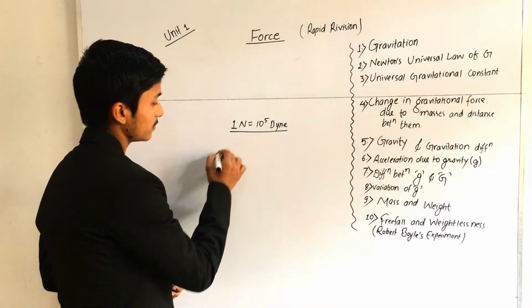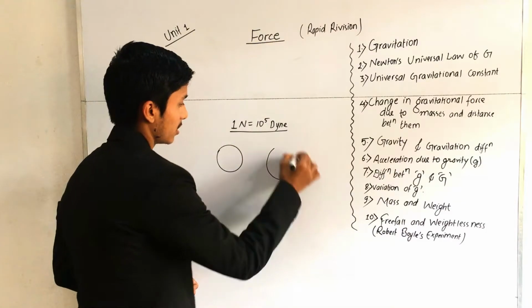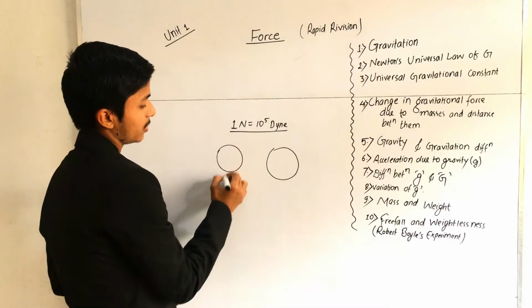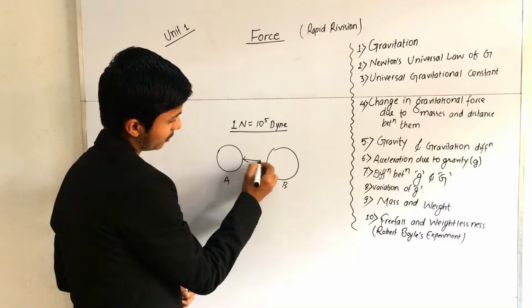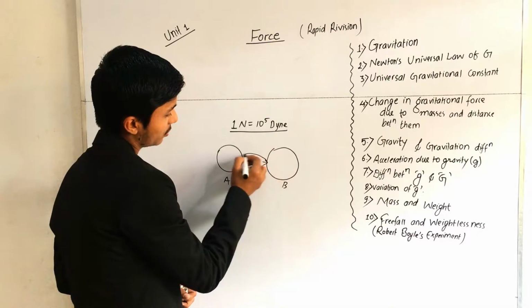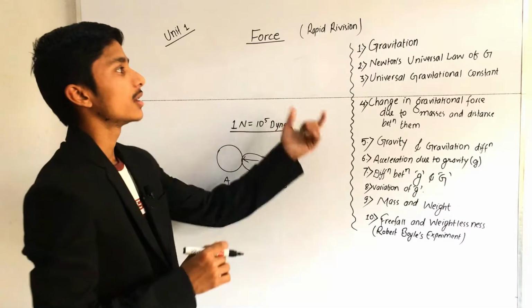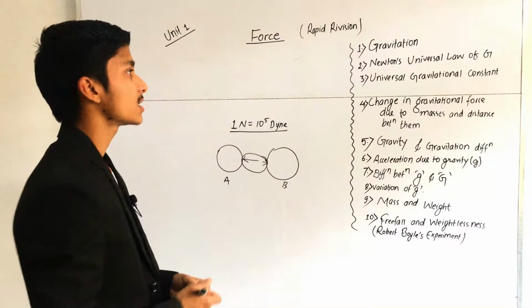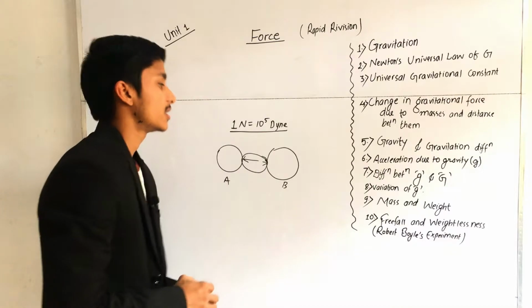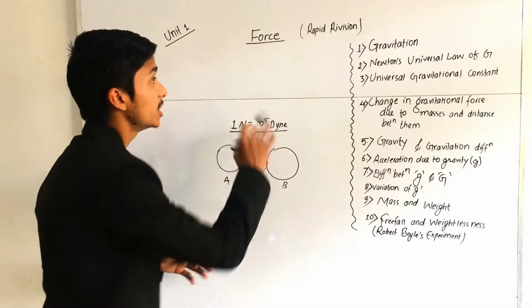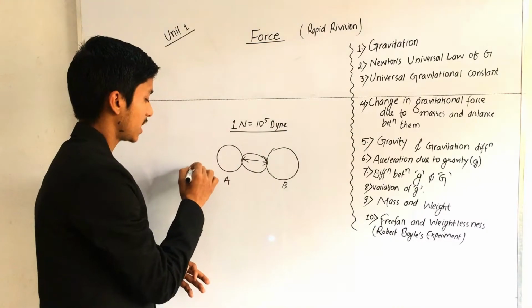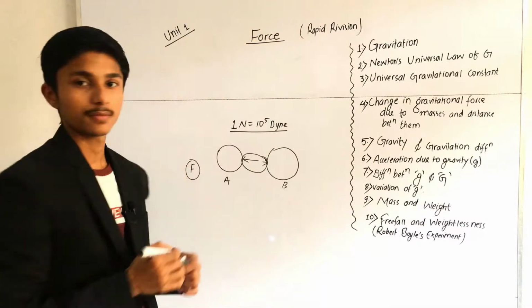Suppose here are two bodies, body A and body B. The force that exists between them is called gravitation, and its symbol is G. Now it is a force, so we can denote it with F.